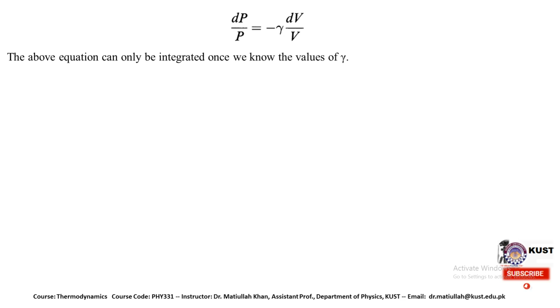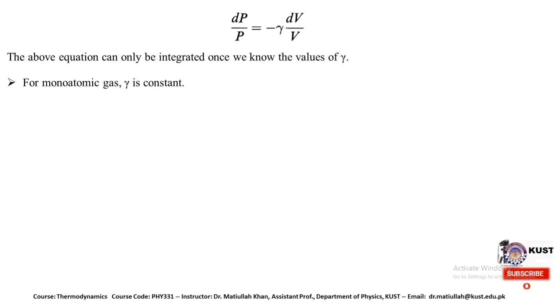So dP divided by P is equal to minus gamma dV divided by V. The equation can only be integrated once we know the value of gamma, and gamma is actually the ratio between the heat capacity at constant pressure and heat capacity at constant volume.